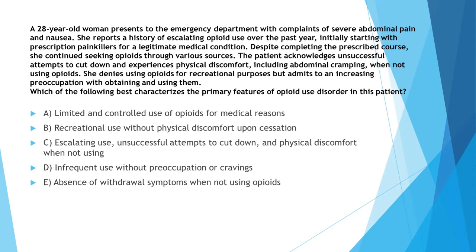Now, which of the following best characterizes the primary features of opioid use disorder in this patient? Limited and controlled use of opioids for medical reasons, no. Recreational use without physical discomfort or cessation. Escalating use, unsuccessful attempts to cut down, and physical discomfort when not using. Infrequent use without preoccupation or cravings. Absence of withdrawal symptoms when not using opioids.